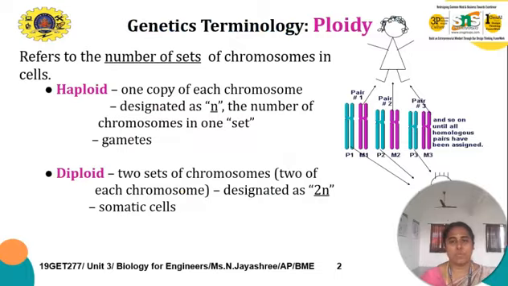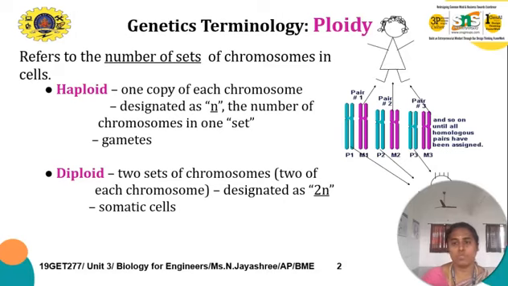Let us see what we mean by genetic terminology. Ploidy refers to the number of sets of chromosomes in the cell. Haploid is one copy of each chromosome, designated as n, the number of chromosomes in one set, found in gametes. A diploid cell has 2 sets of chromosomes, designated as 2n, found in somatic cells.